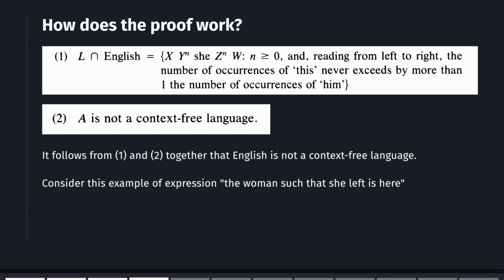In this expression, both Y and Z have zero occurrences, satisfying the conditions.